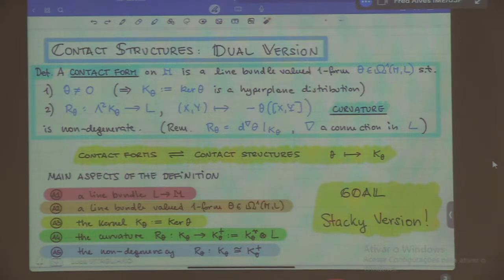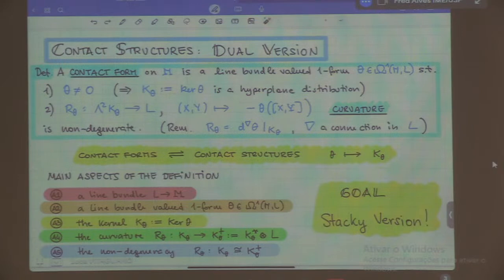I begin with a manifold M and a pre-existing line bundle L on M. I define a contact form to be a one-form on M with values in this line bundle, satisfying some conditions. First, it's everywhere non-zero. In particular, the kernel is a well-defined hyperplane distribution.